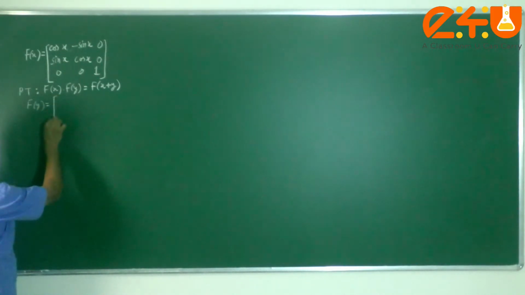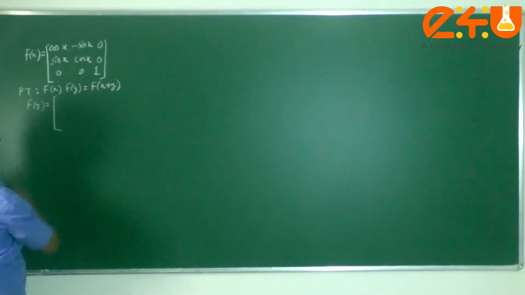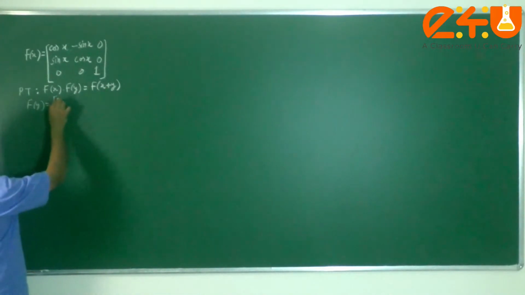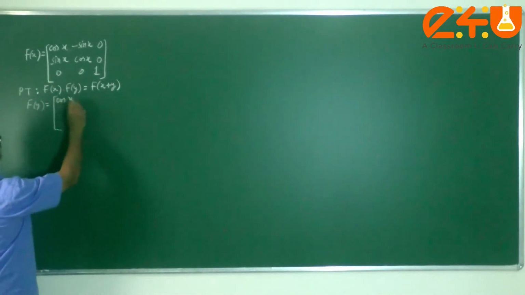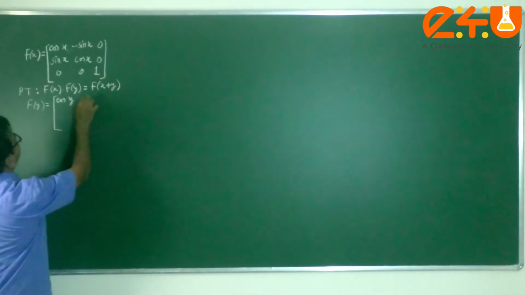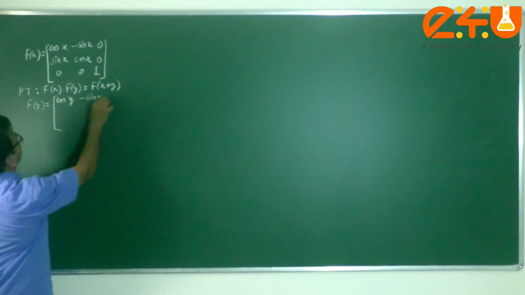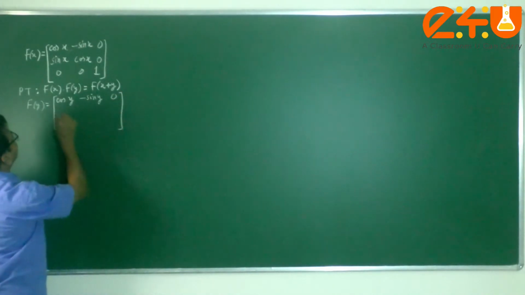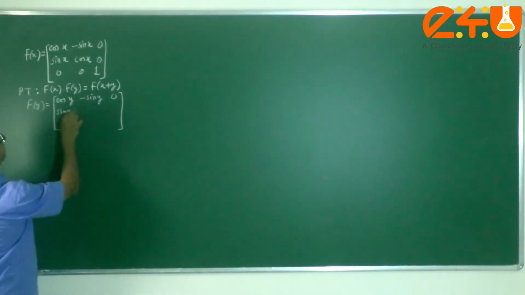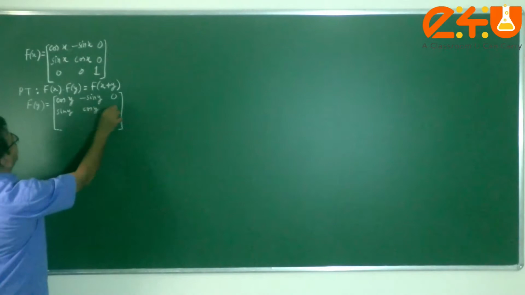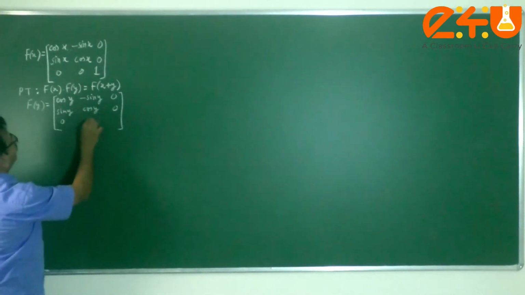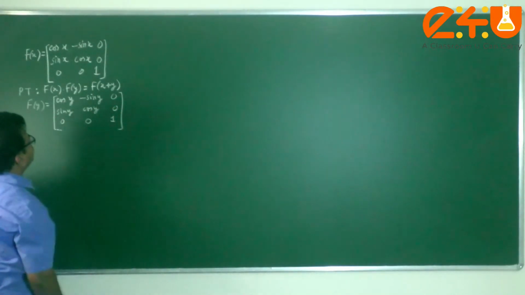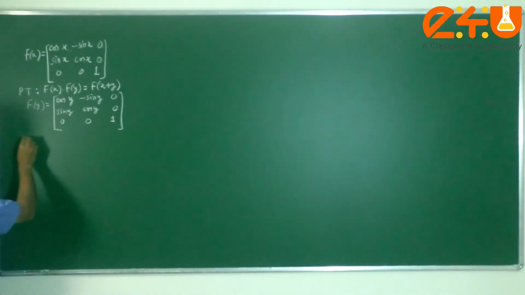From every given term in the matrix, go on replacing x with y, so it becomes cos y. In the first row, you continue with negative sin y followed by 0. Sin y in the second row, cos y and 0. The third row is simply 0, 0 and 1.